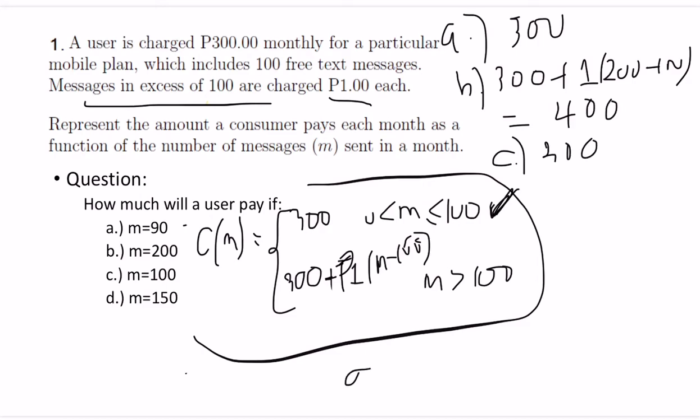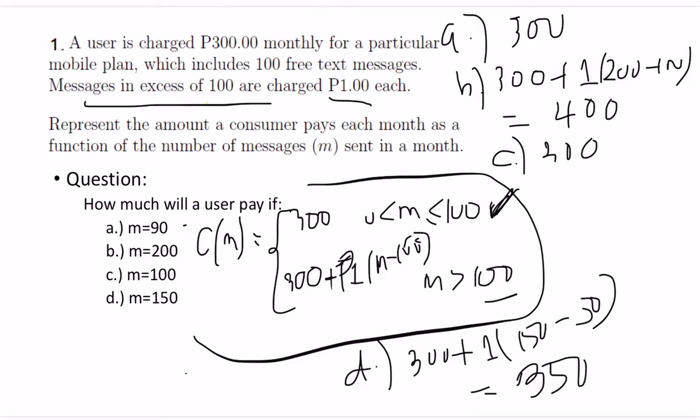And for the D, I will put it here. It is more than 100, so use the second function. So 300 plus 1 peso times 150 minus 50, so that is equal to 350. Okay, so you use your calculator. So first you make the piecewise function, and then use the piecewise function to answer the next questions.